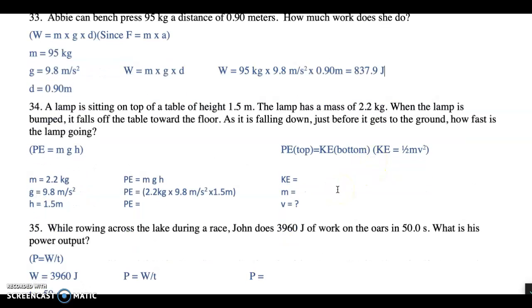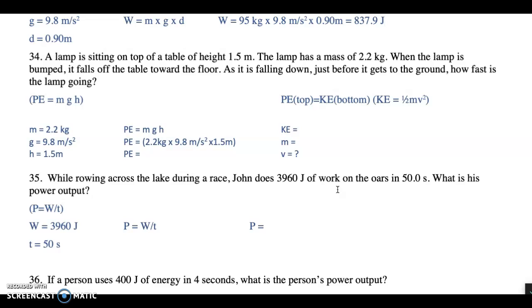Okay. 34 is probably the hardest problem on the review because I have a lamp sitting on the table with a height of 1.5 meters and a mass of 2.2 kilograms. It gets bumped and falls off the table. How fast is it going before it hits the floor?